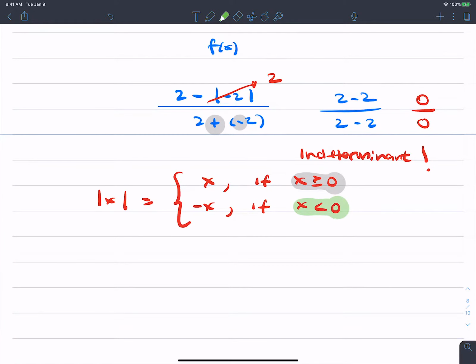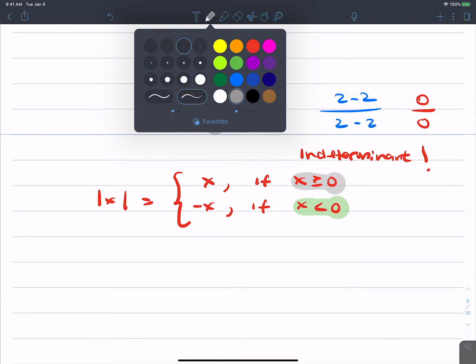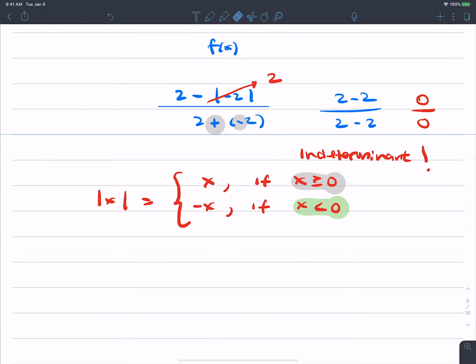That means x is negative. So this means x is generally positive, because you have equal to 0. And over here, your x value is negative, just to let you know. Any number to the left of 0 is negative, and any number to the right of 0 is positive. So you're going to use this definition of absolute value.